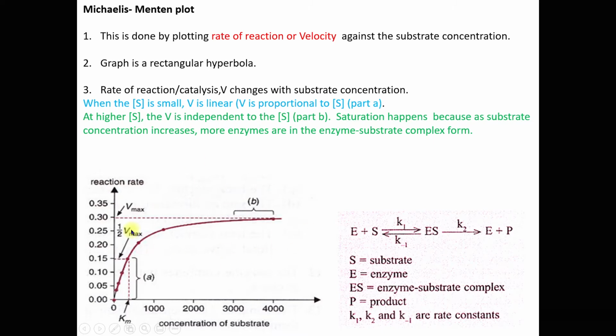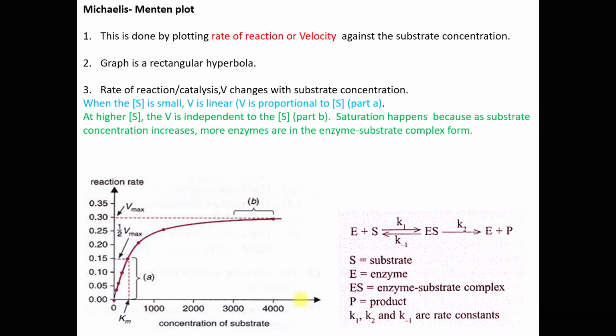Why? Because saturation happens. Saturation happens because as substrate concentration increases, more enzymes are in the enzyme substrate complex form. Saturation of the enzyme with the substrate happens actually.